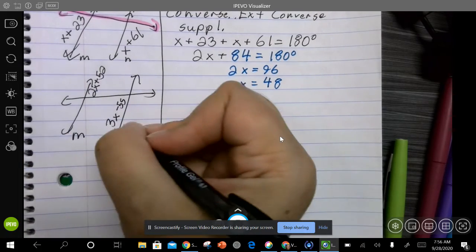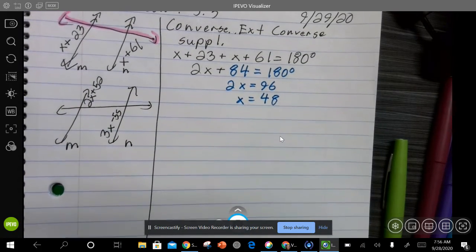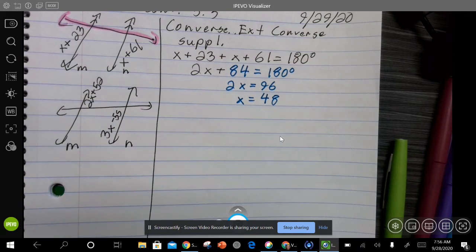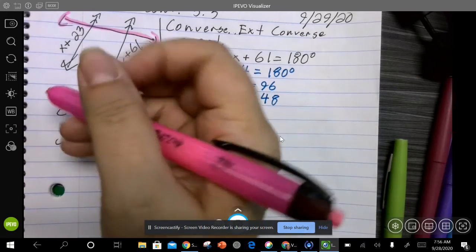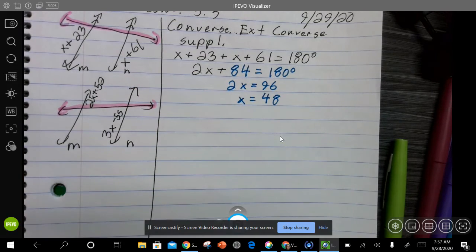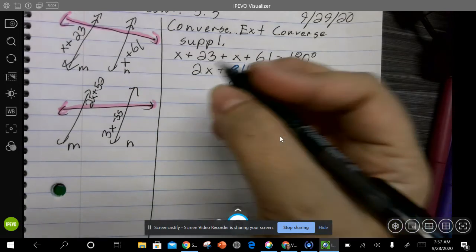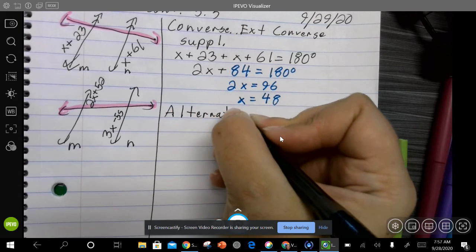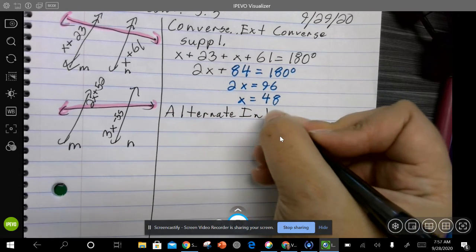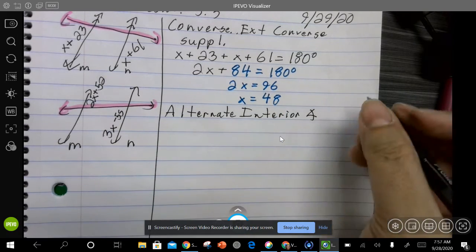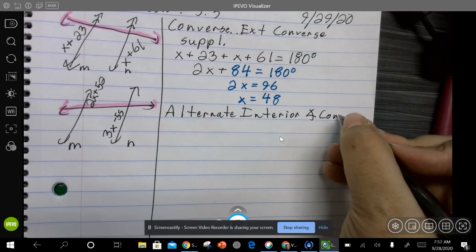Of our lines M and N, we need to prove that those lines are parallel. So we look at the angle relationship. They are on opposite sides inside, so they're in between those two parallel lines. So they are alternate interior angles. So we're going to use our alternate interior angle converse.